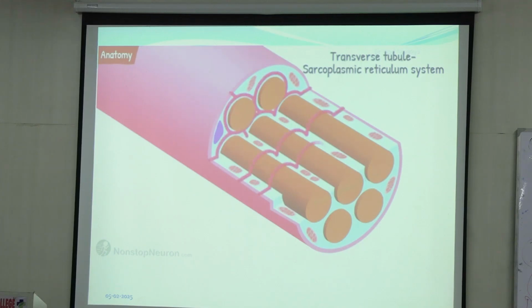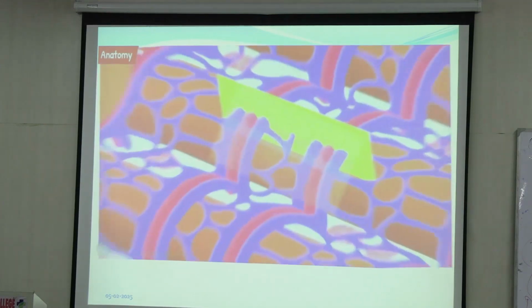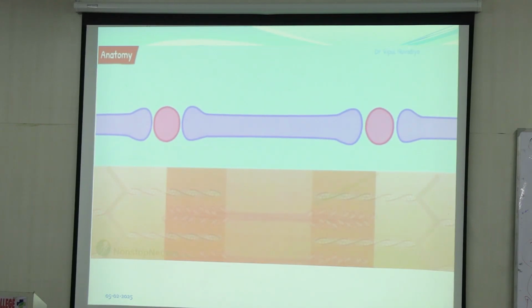T-tubules are invaginations of the plasma membrane. And the sarcoplasmic reticulum is a special type of endoplasmic reticulum. This is the longitudinal cross section. These are T-tubules. The sarcoplasmic reticulum is made up of longitudinal tubules that make up most of the area, and terminal cisternae that are close to the T-tubules.